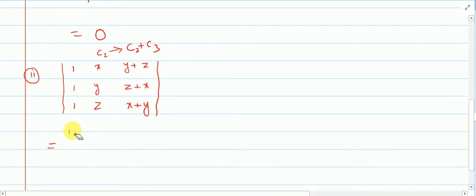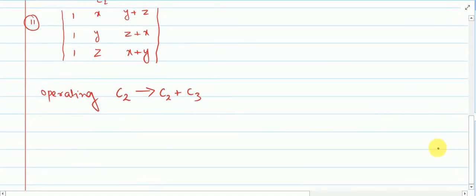So operating this we get this 1 1 1, because here column 1 is not operated.